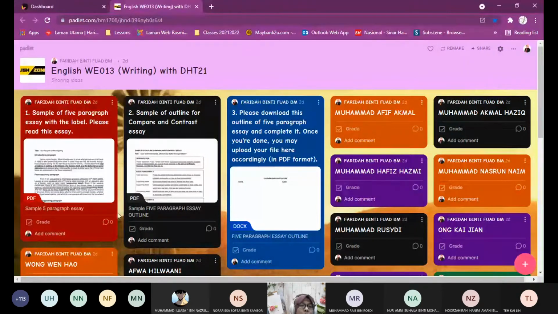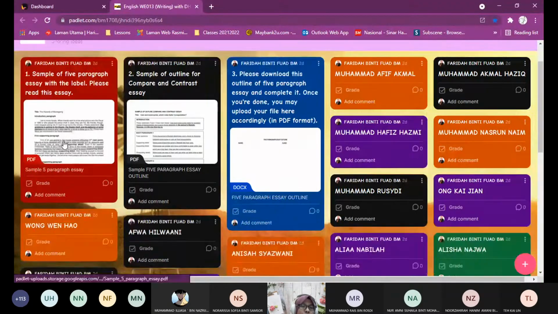This is an example of the Padlet, for DHT21. Basically you are going to see these 3 things. Can you see the Padlet now?